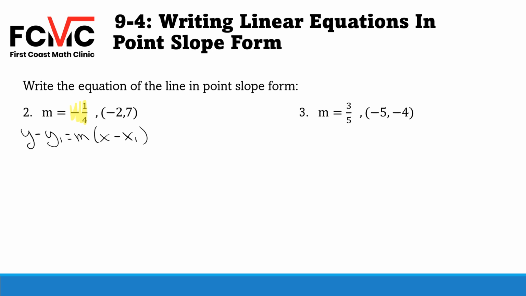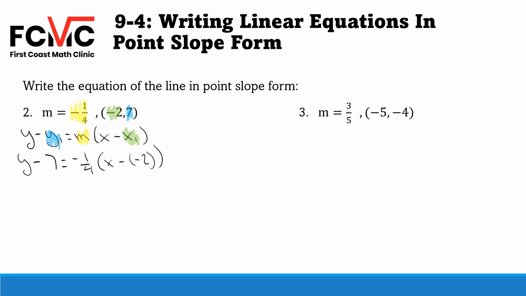So our slope is negative 1/4. x1 is negative 2. y1 is 7. So let's do that substitution. So I'm going to have y minus 7 equals negative 1/4 times x minus negative 2.